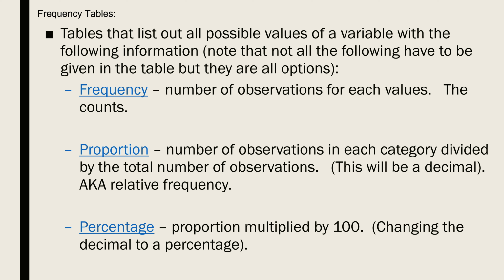Second is proportion. Proportion is the number of observations in each category divided by the total number of observations. This will be a decimal, also known as relative frequency. Last is the percentage. Percentage is proportion multiplied by 100, changing the decimal to a percentage.